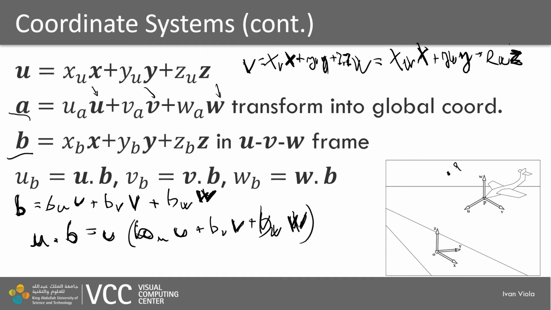We know that the dot product of a vector with itself equals 1, and the dot product with a perpendicular vector, like V or W, with the U will equal 0. So this means that U times B is really just BU. I'm calling it here the BU. Here it is called the UB, but by this is meant the same thing.